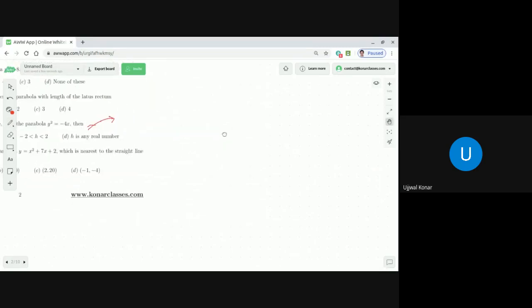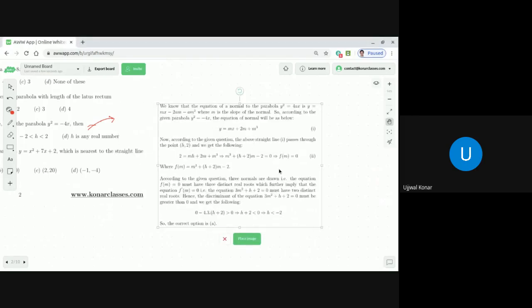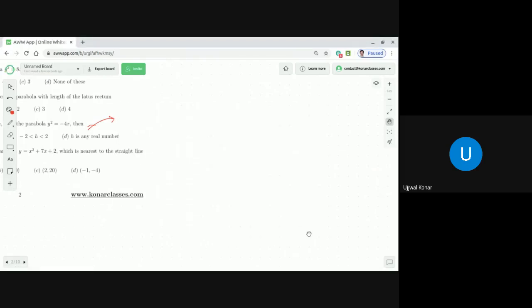Let me pull that one. Yeah, please have a look into it. Later we will discuss in detail. But what I am telling is that you get a very clear idea that it is a cubic equation in m.